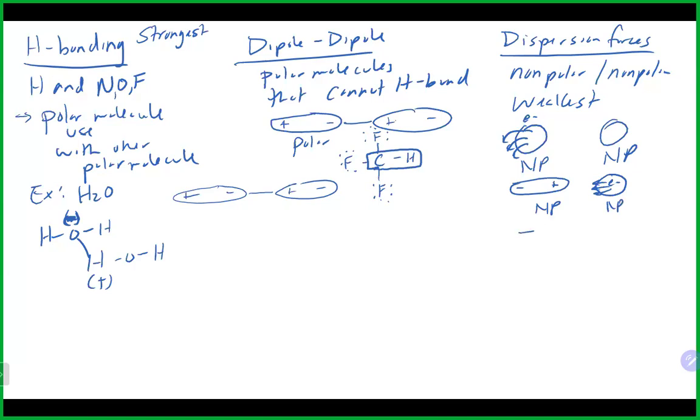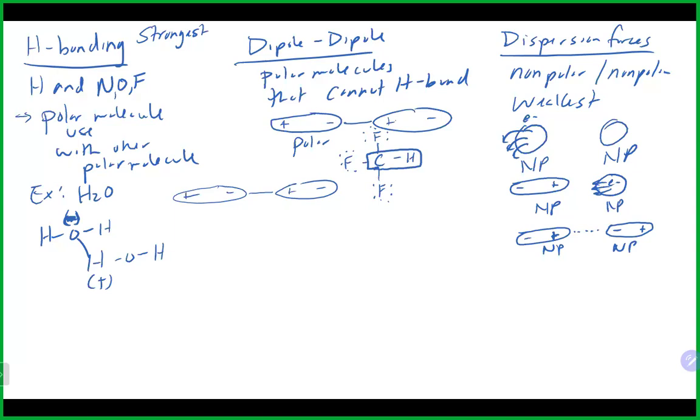And now that second nonpolar molecule, which normally doesn't have a charge, will also gain a temporary charge. Now both of these guys that started with no charge temporarily have a charge and a way to interact with one another. It is temporary because eventually the electrons will move back out of that position, and it's going to lose that temporary charge, and it won't be able to hold on to that attraction. And that's why it's the weakest out of all of them.